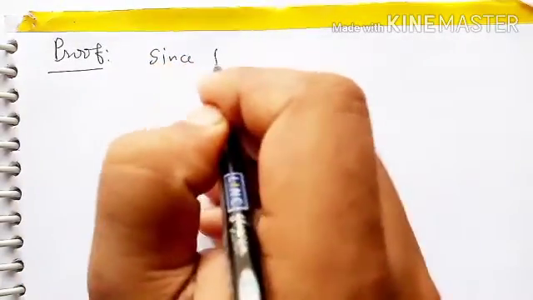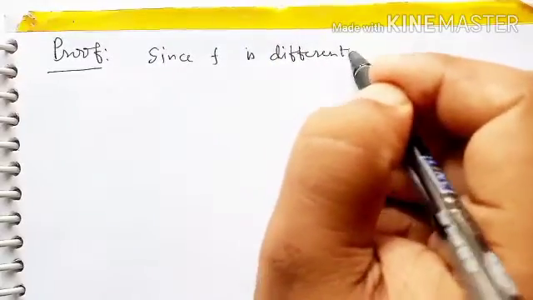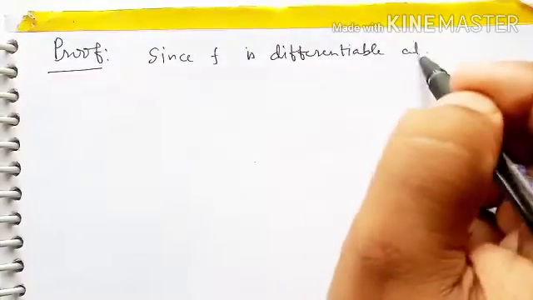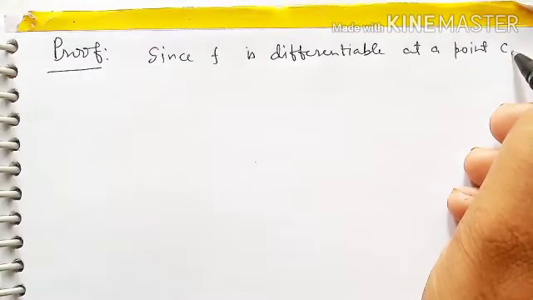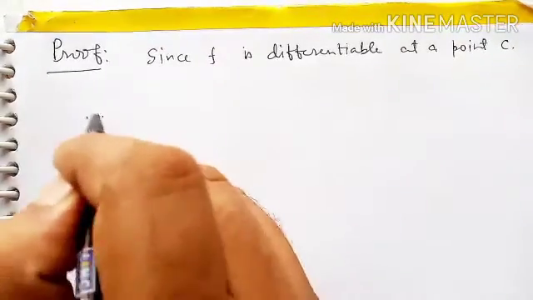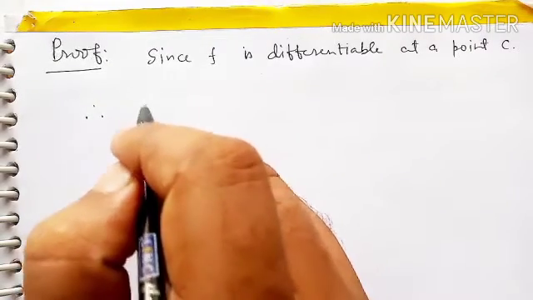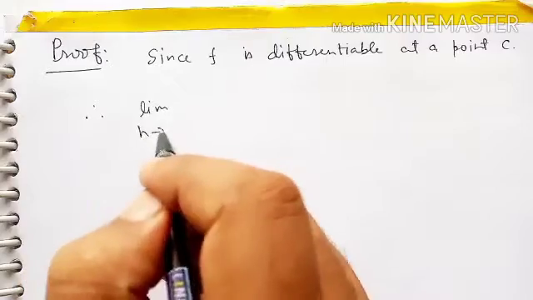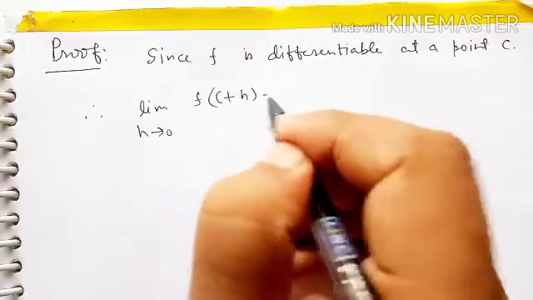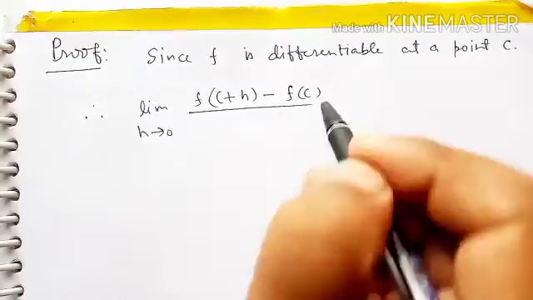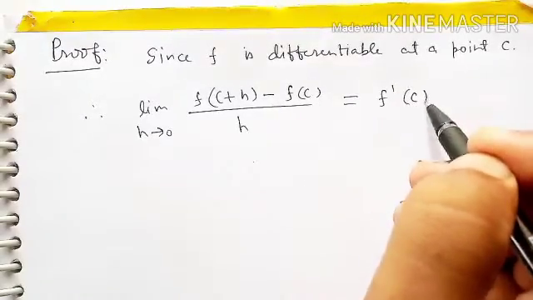Since f is differentiable at a point c, therefore limit h tends to 0, f of c plus h minus f of c by h is equal to f dash c.